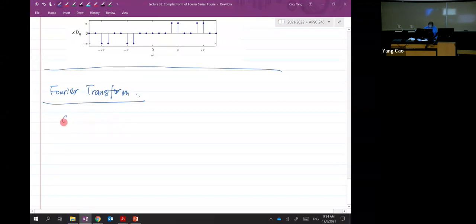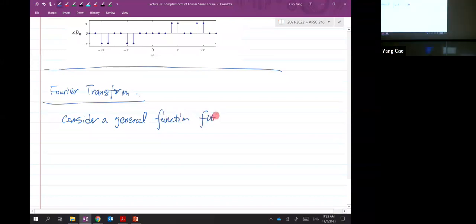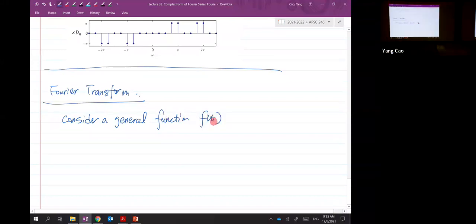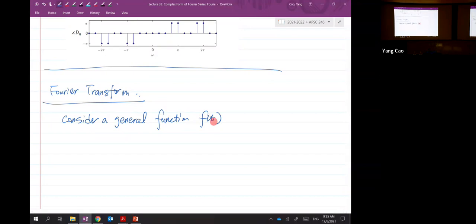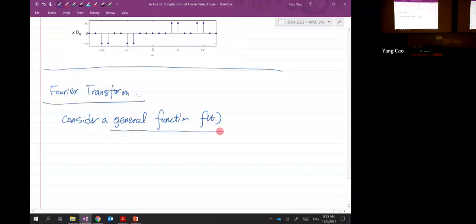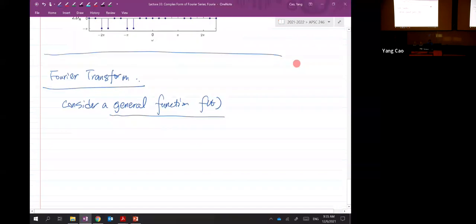So first we'll consider a general function f of t. When we say general function, remember that Fourier series deals with a periodic function. Now I'm not necessarily restricted to a periodic function as for a Fourier series. We're just dealing with a general function f of t.